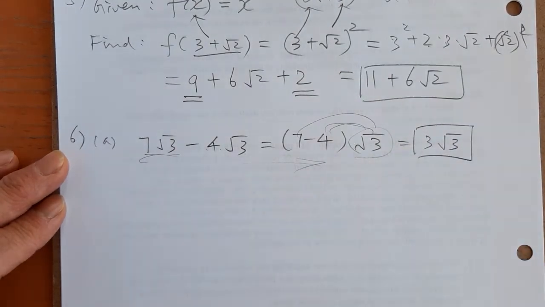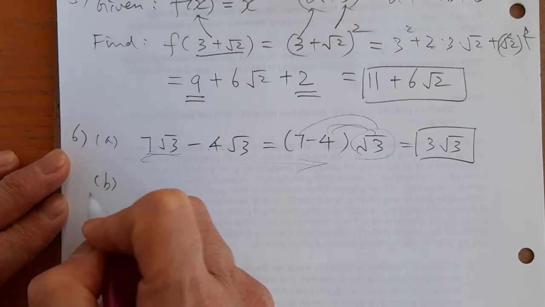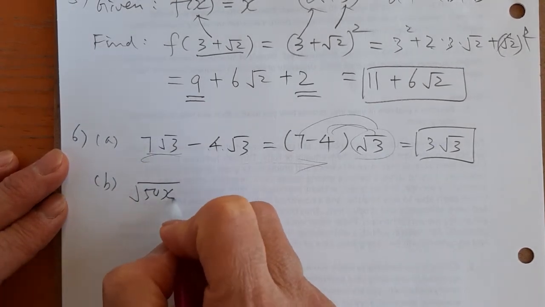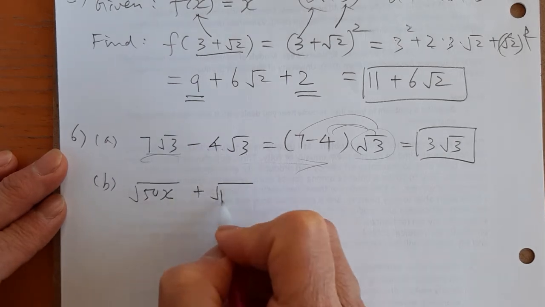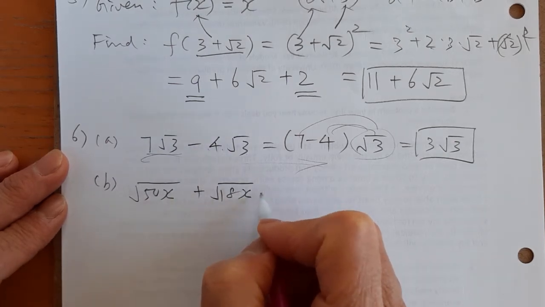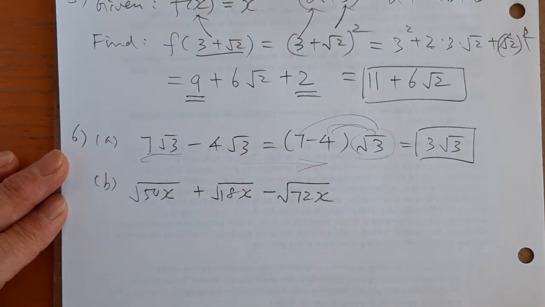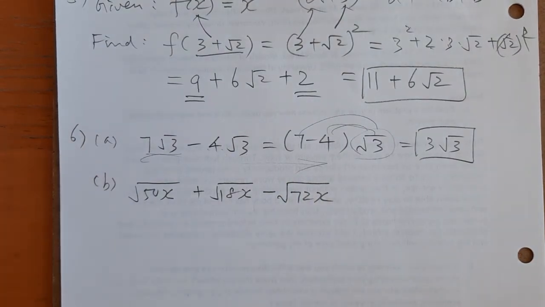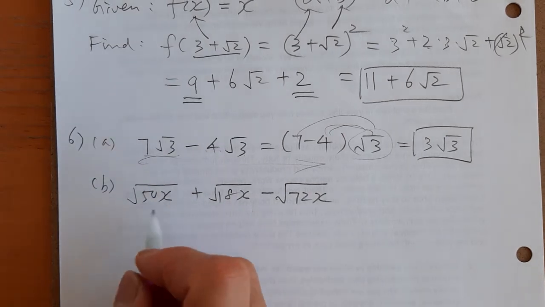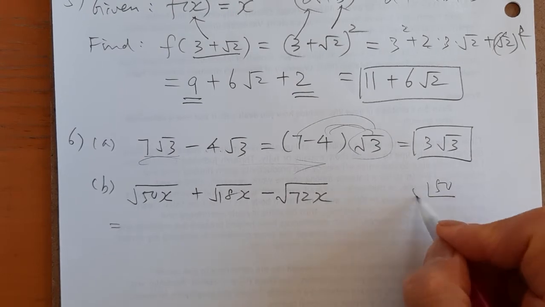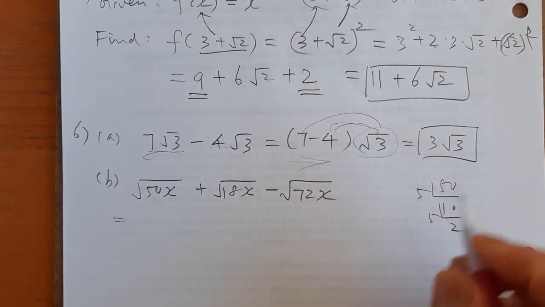So after simplify. B, it's square root of 50x plus square root of 18x minus square root of 72x. So simplify. First of all, 50, you divide by 5 is 10, divide by 5 is 2.